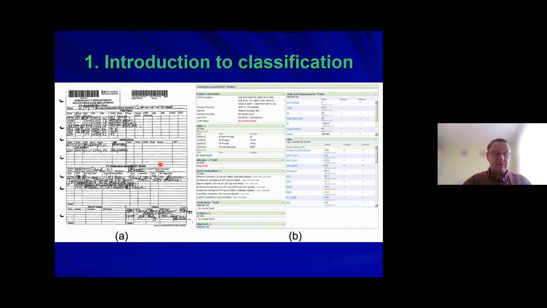So here is a daily emergency department chart. It's still not easy to read, despite being well formatted and represented in tabular format, even with some supporting barcodes, because the handwritten part is hard to read.